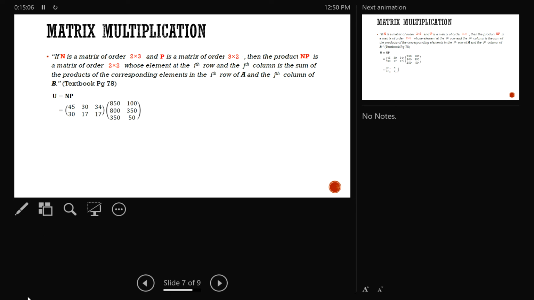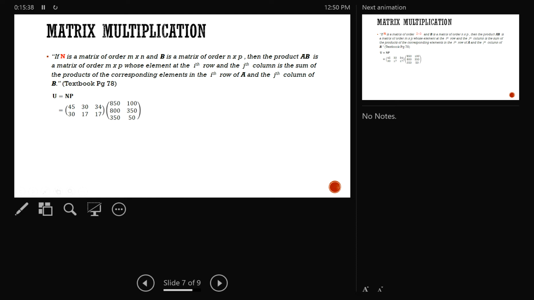How do we get this 2 by 2? Okay, based on the definition, this first 2 over here came from this 2. This second 2 came from this 2. And take note, for these two matrices when multiplied together, this n value must be the same as this value.